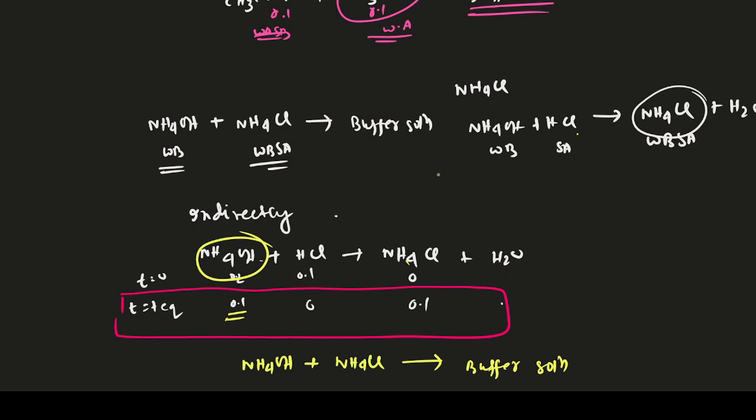Or they may give NH4Cl and HCl, and then from here this will dissociate to NH4+ plus Cl minus.